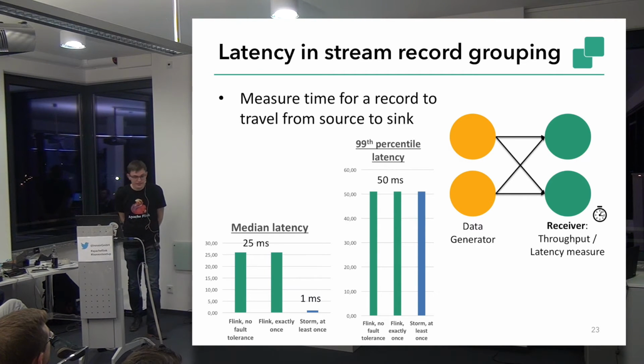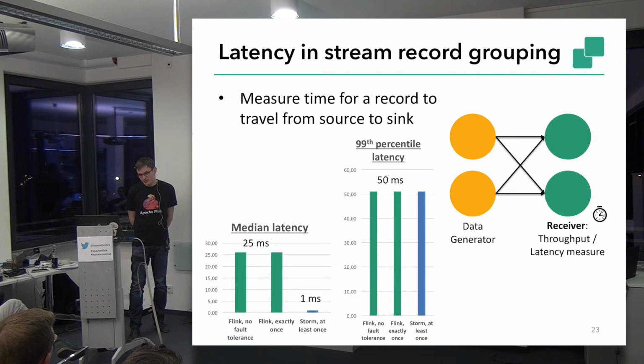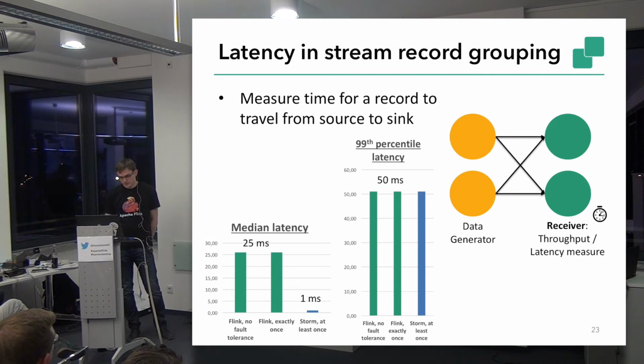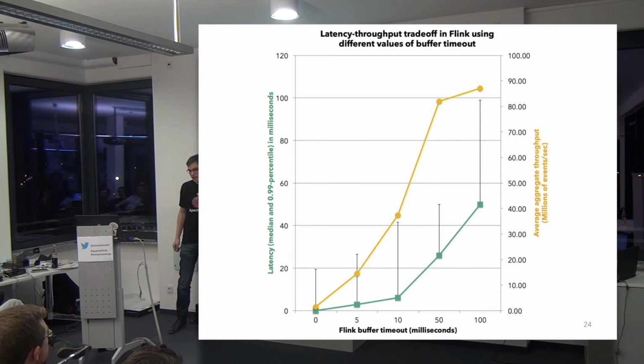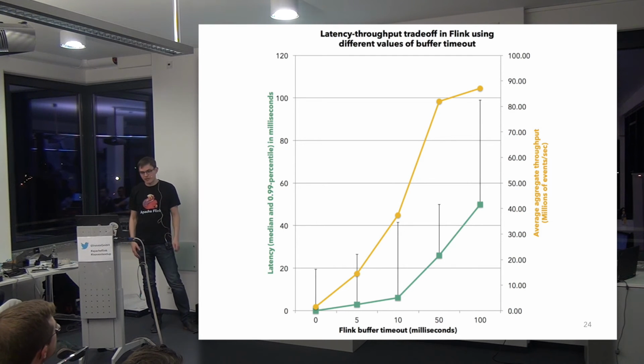The cool thing about Flink is you can trade off the latency with the throughput. We have something called the buffer timeout, which allows you to change the behavior of Flink with respect to latency.